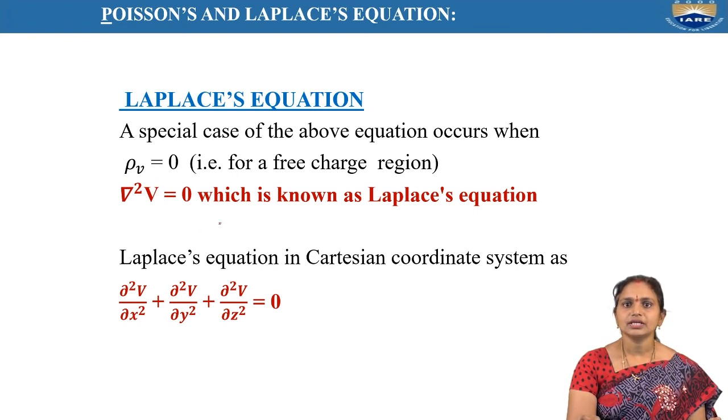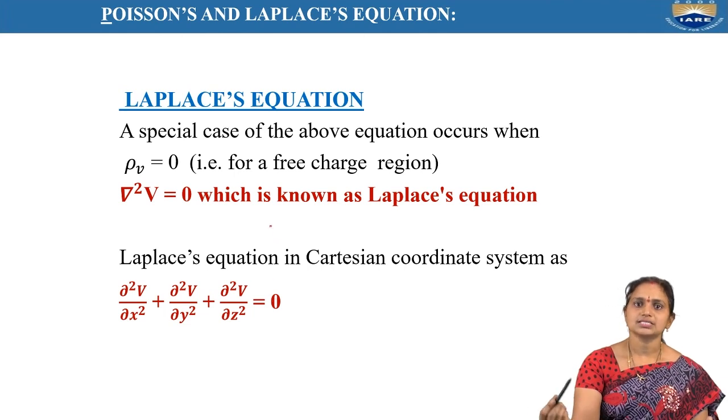Del square V represents second order differentiation of the scalar potential: dou square V by dou x square plus dou square V by dou y square plus dou square V by dou z square, and the sum equals 0. This is about Laplace's equation.